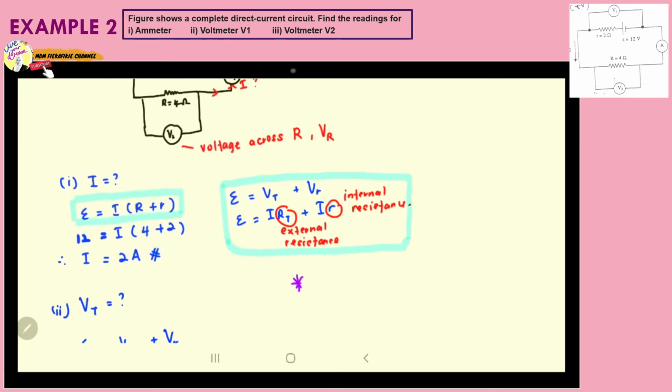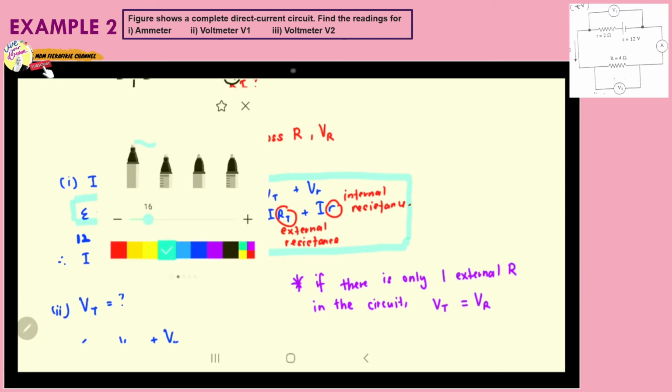For your information, if there is only one external resistor R in the circuit, therefore the terminal voltage will be equal to the voltage across R.